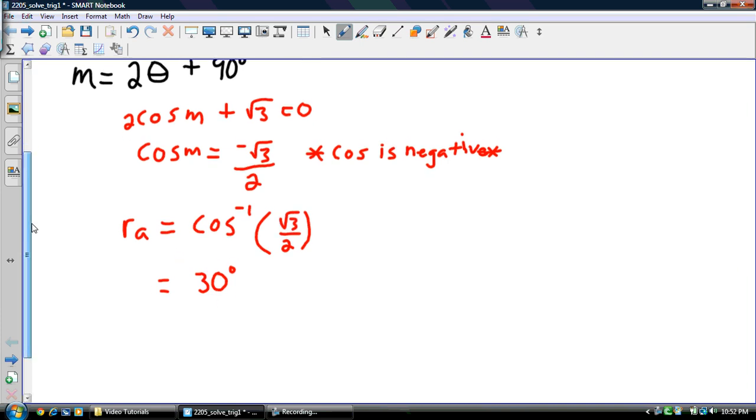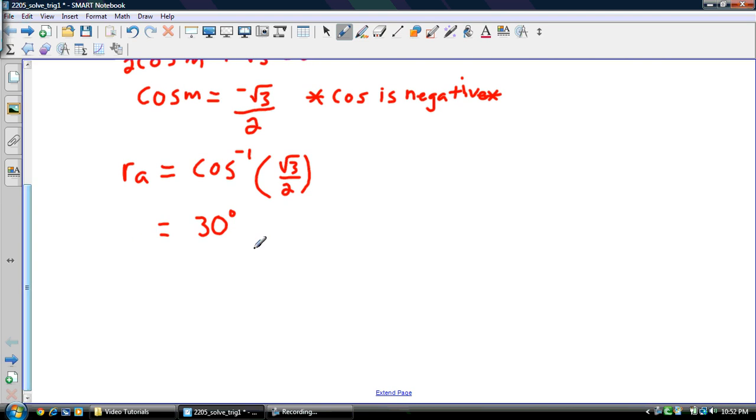Now what we have to do is use our CAST rule. So we got C, A, S, and T. So this is why we write this down. Cos is negative, so cos is negative right here, in S and T. Because here only sine is positive, only tan is positive. So my values of, recognize, it's still m. My values of m are going to be equal to 180 minus RA.